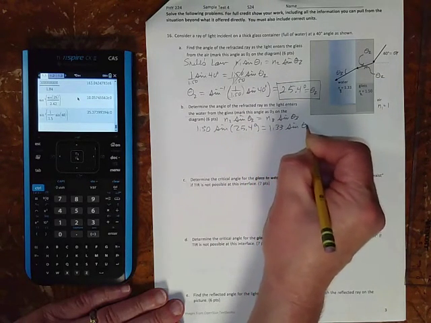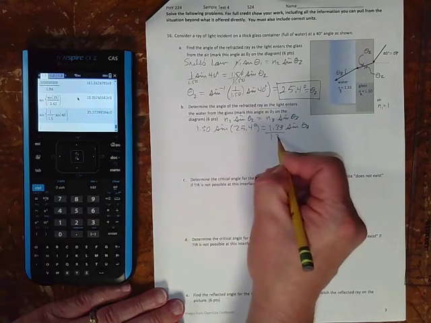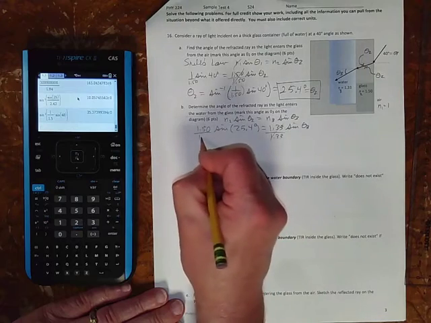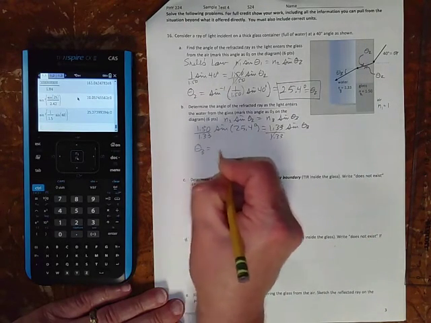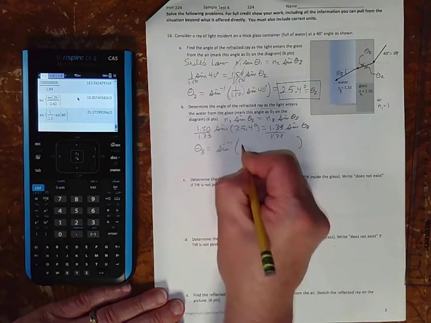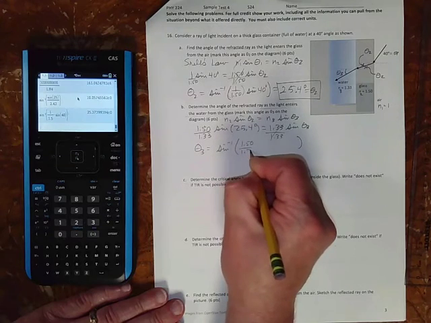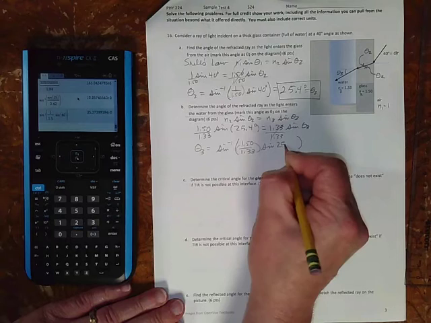Sine of theta 3 is what we're looking for. Again, solving, divide by 1.33 on both sides, and then do the inverse sine. So theta 3 is inverse sine of 1.5 divided by 1.33, and then times sine of 25.4 degrees.